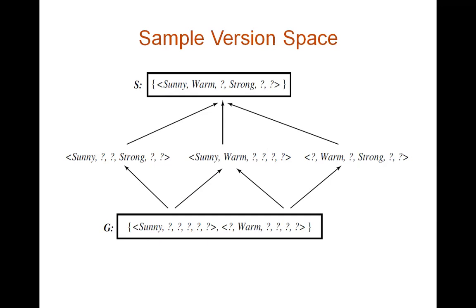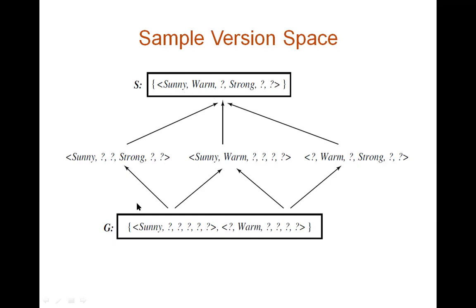To arrive at the version space, we need the specific boundary as well as the general boundary. Specific boundary means the maximally specific hypothesis. General boundary means the maximally general hypothesis. In between these two, see here, one more hypothesis is there: Sunny, question mark, strong, question mark, question mark.